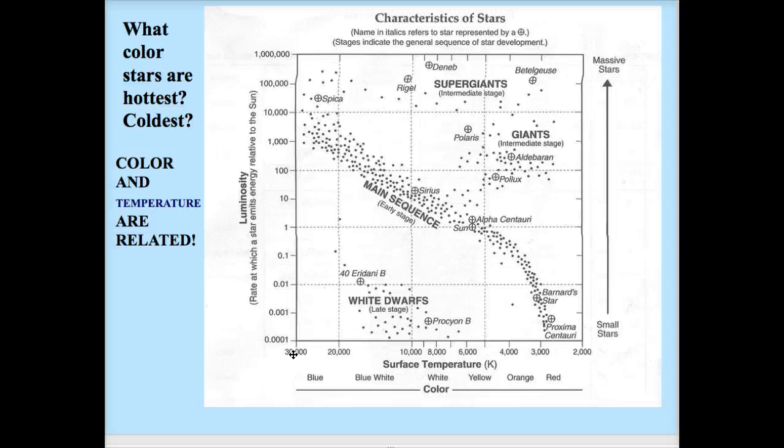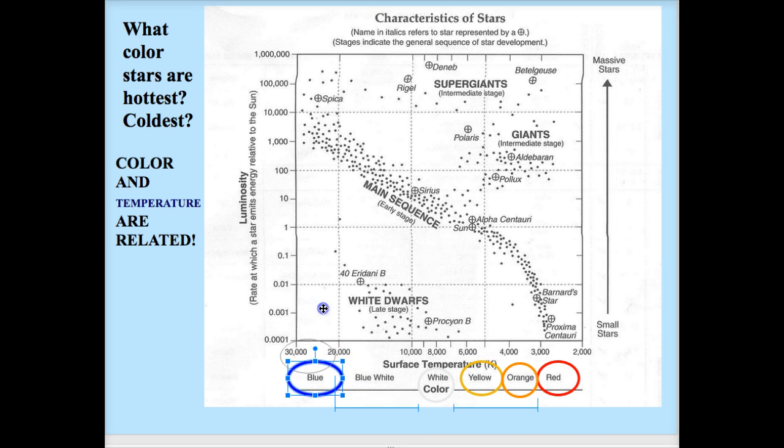We also can use this chart to remember that color and temperature are related. So certain stars and certain colors are hotter, and certain ones are colder. So the hot stars are blue in color and have very short wavelength energy, compared to the cooler stars that are red in color and longer wavelength energy.